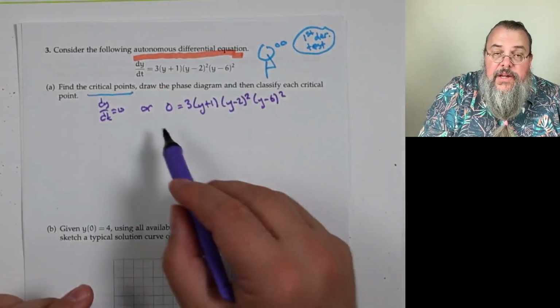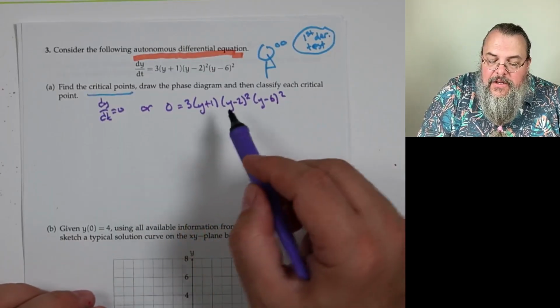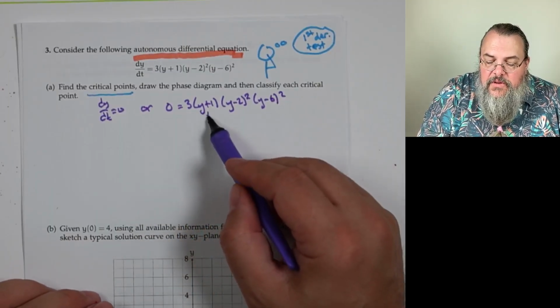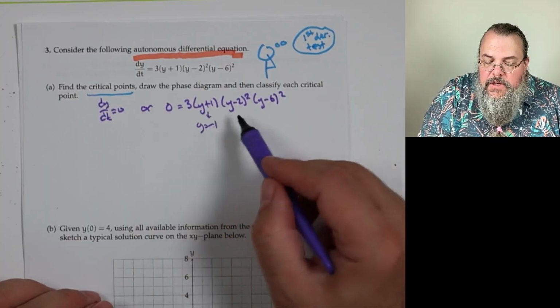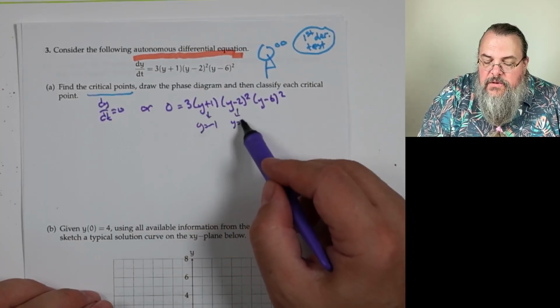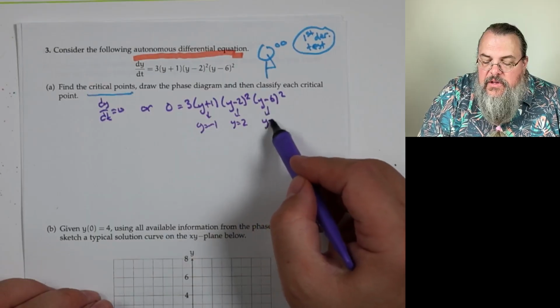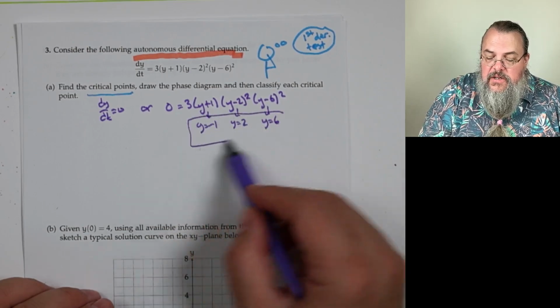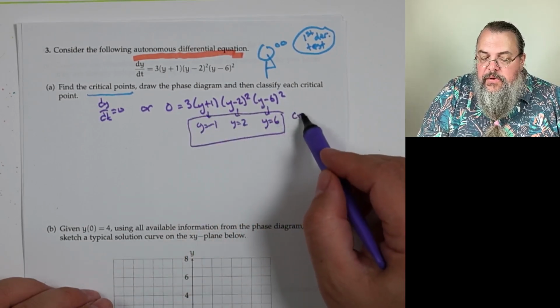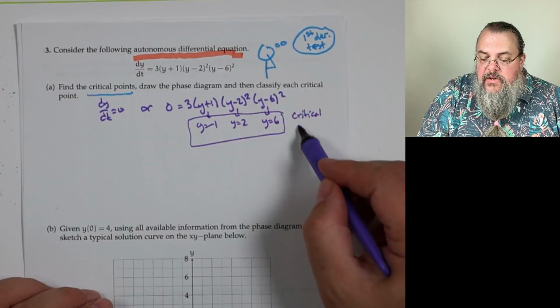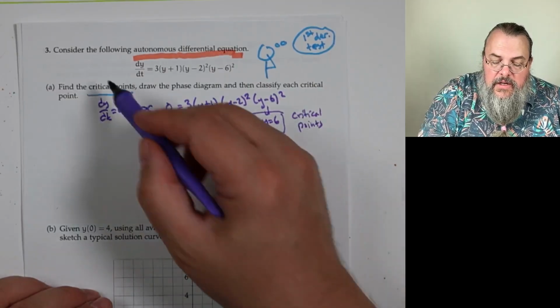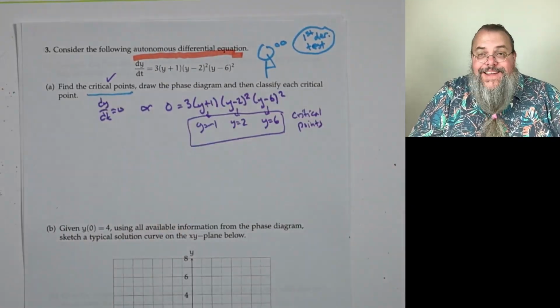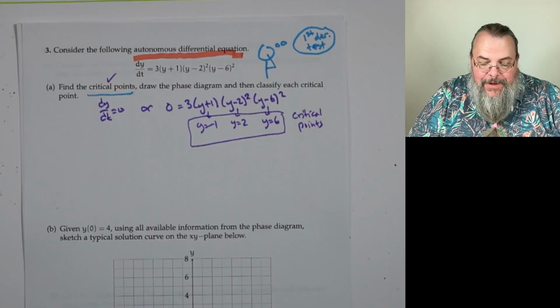Well, that's factored out, and we say, okay, well, this says y equals negative 1, y equals 2, and y equals 6. Those are the times when one of our pieces is 0. So these right here, these are our critical points. All right, so that was quick. Ta-da!